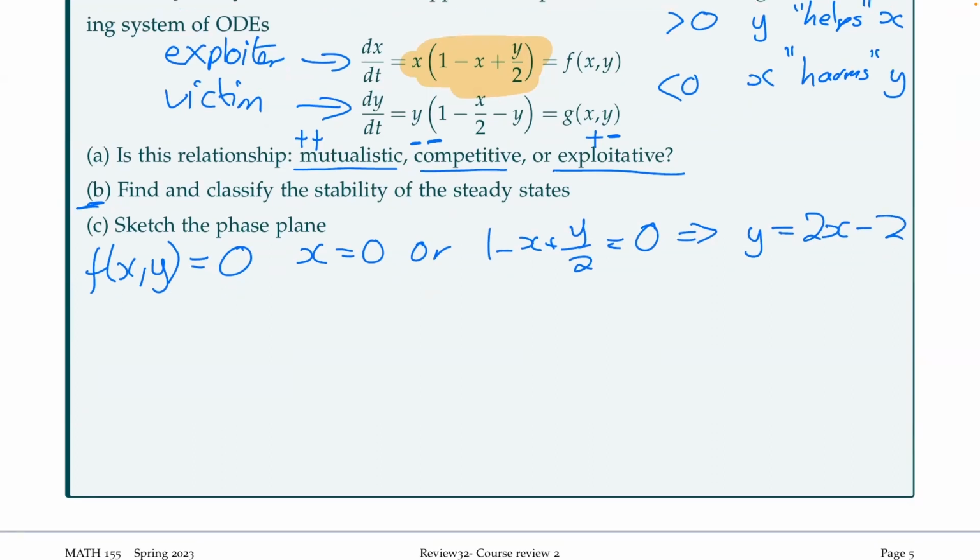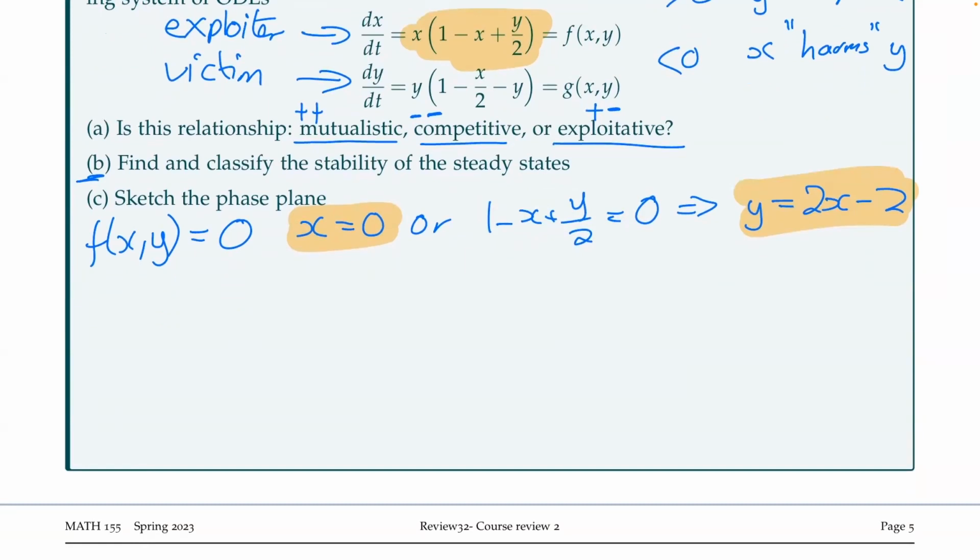Okay, so I've got these two conditions here: for the first equation to be equal to 0, one of these two things must be true. Both of them could be true, but we need at least one of them to be true. Now at this point, I can think about my second equation. When is g of x, y equal to 0?